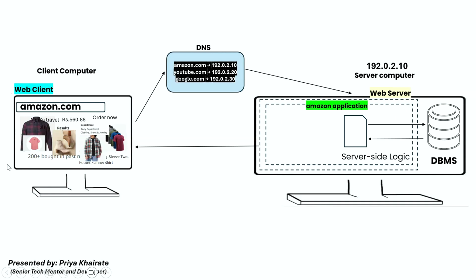The client will only watch this part. So the part of the application which is visible to the client, that is what we call the front end of the application.